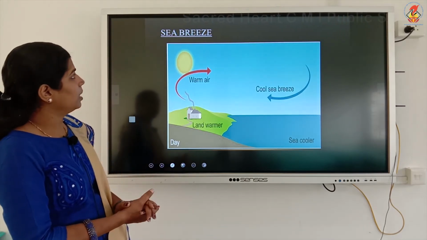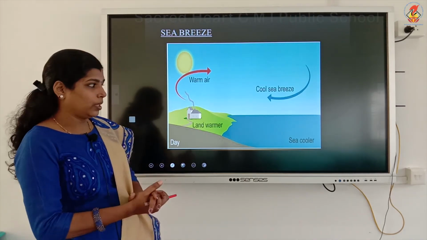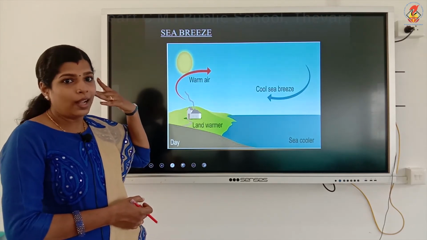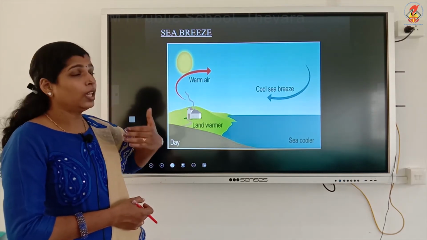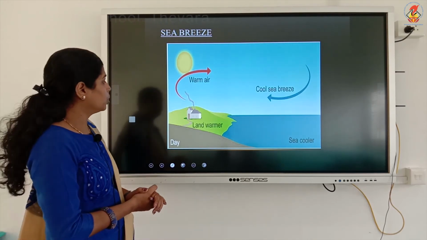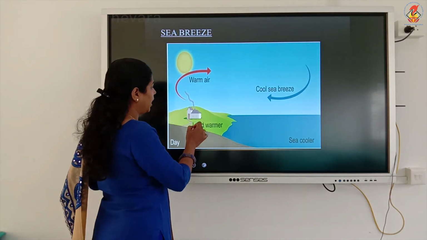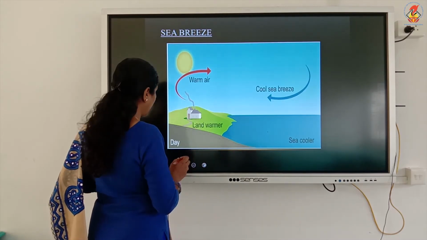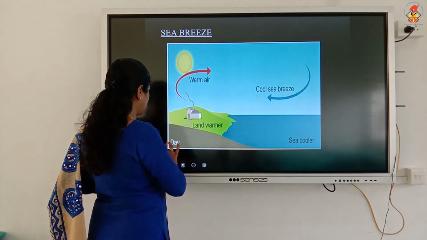So here sea breeze means from the sea, wind will come towards the land. So during daytime the land will be more hot than the sea.